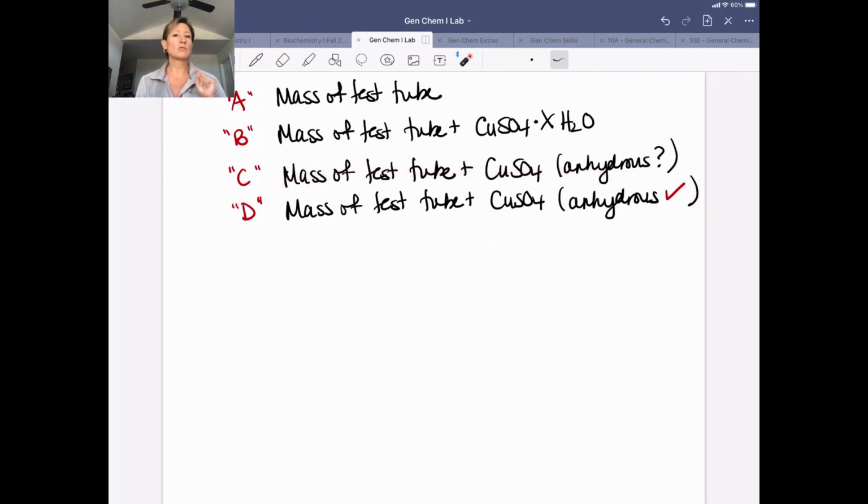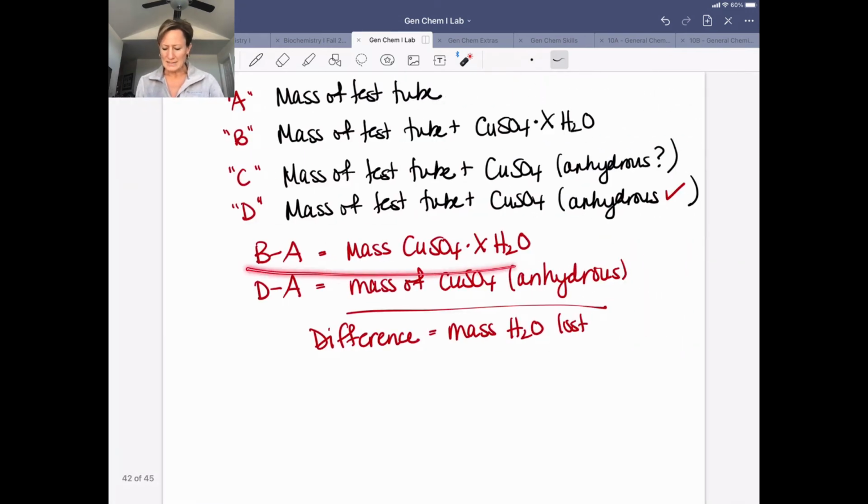And once we saw that there was no change more than 0.05 grams, then we know that we truly do have an anhydrous salt, D. So taking the difference between B and A, that will tell us the mass of the copper sulfate that we had. And if we take D minus A, notice that C is not what we're going to use for our calculations. It's just making sure that we know we have all of the water driven off.